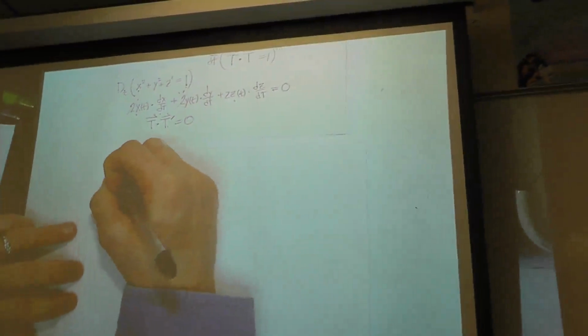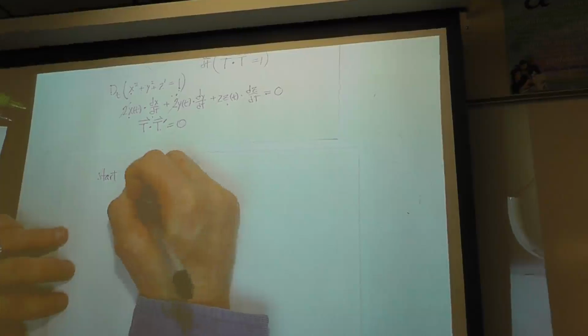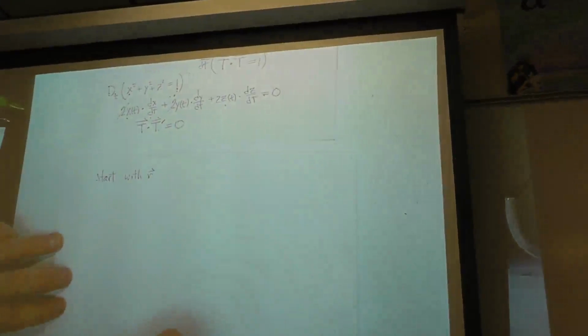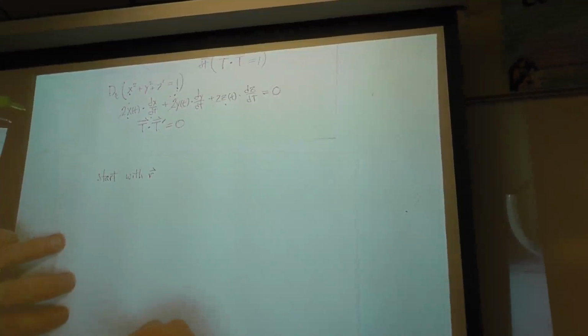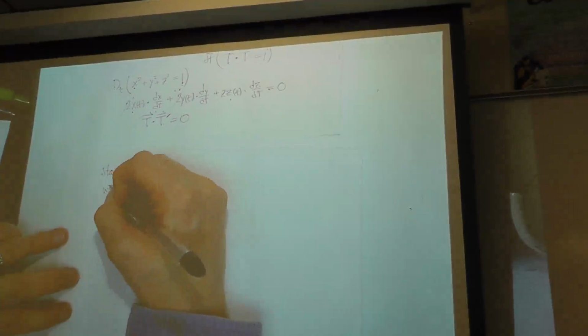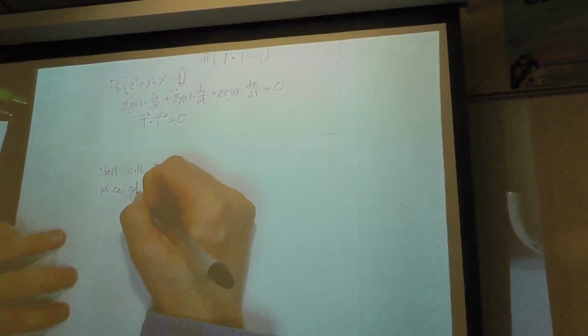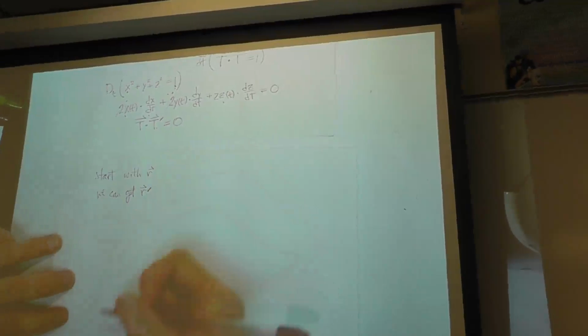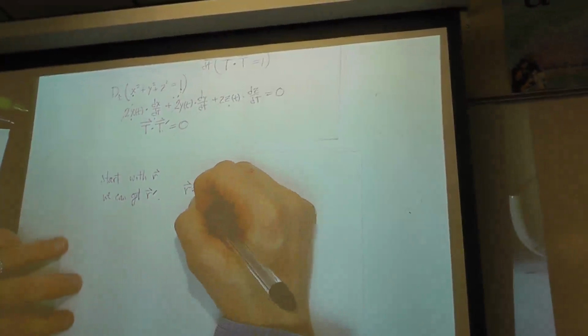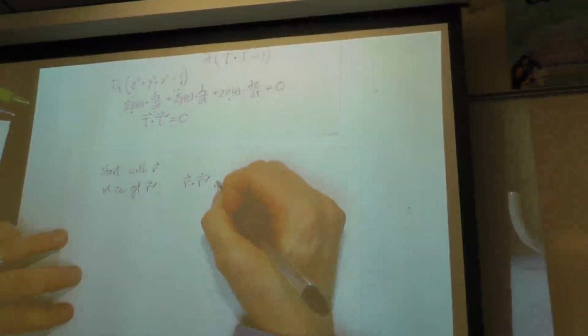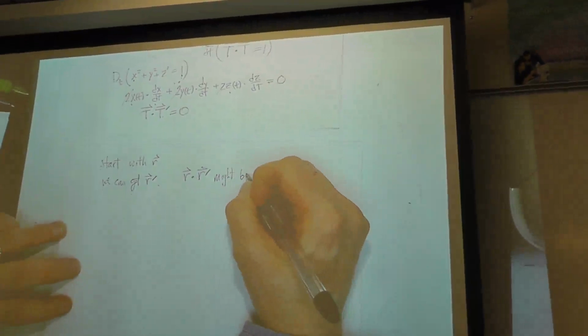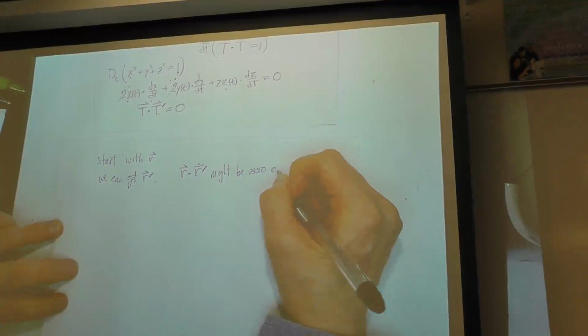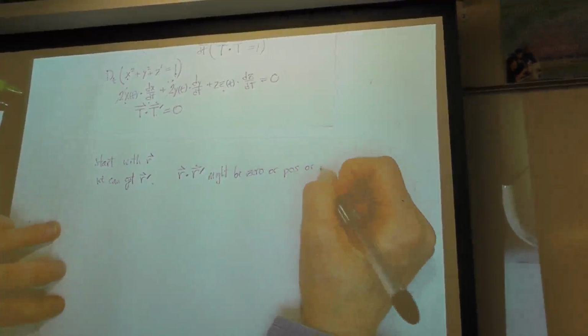Yeah, can you say that one more time? Well, I'm gonna try and summarize here. Thank you, sorry. We start with R. We can differentiate it. But the observation is that R dotted with R prime might be anything. Might be 0 or something positive or something negative.